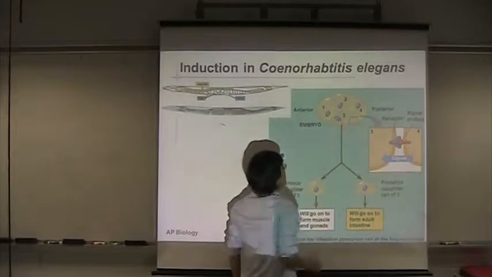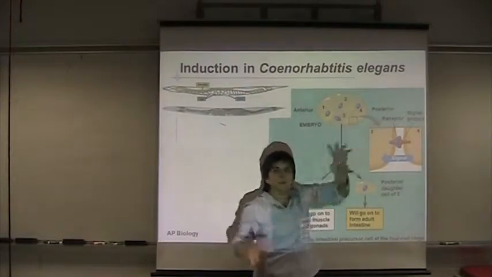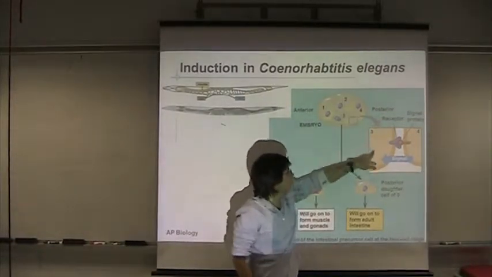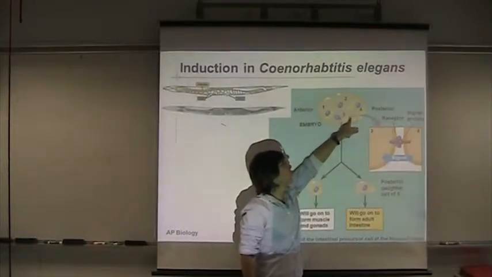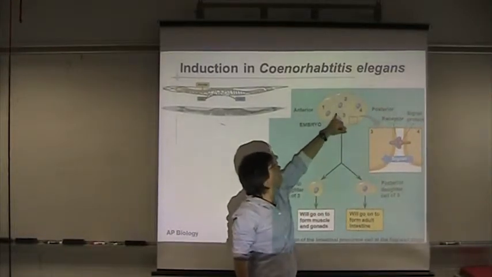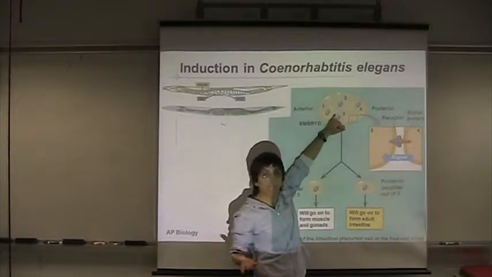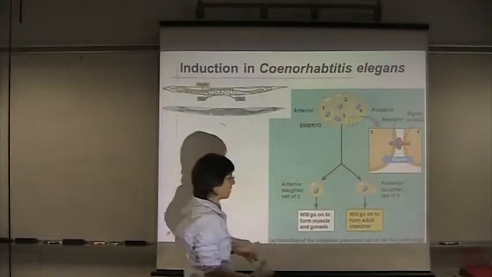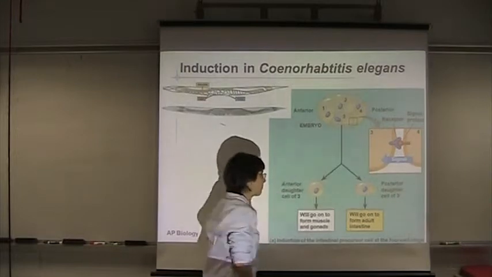But because of proximity, this section here is closer to 4 and receives more of the signal. Since the receptor for that molecule is on the surface, this part will have more. This part of the cell will not get as many signals. Even if you have the receptors, this part is the one that gets most of the signals. So what's going to happen to cell number 3 right here?